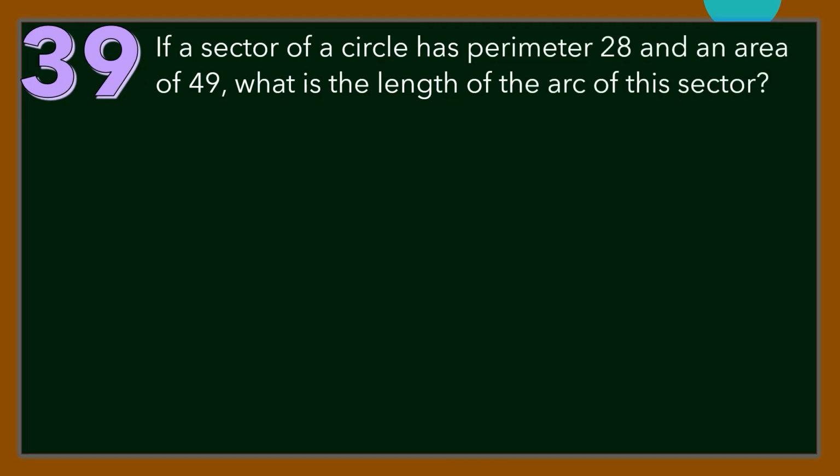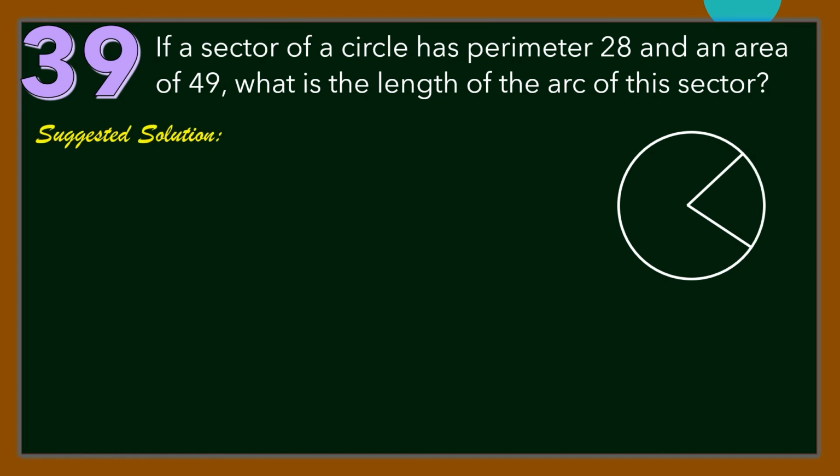Number 39. If a sector of a circle has perimeter 28 and an area of 49, what is the length of the arc of this sector? For our suggested solution, let us draw a diagram for this problem, and let R be equal to the radius of the circle and S the length of the arc of the sector.